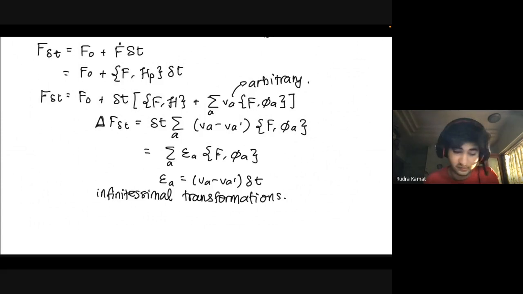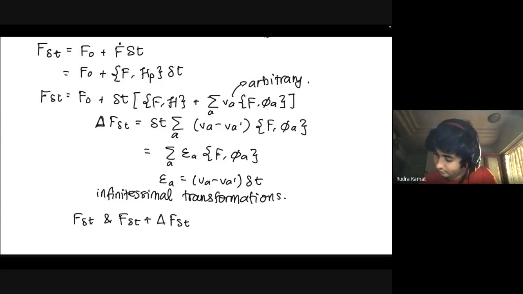But the fact is, f delta t and f delta t plus delta f delta t represent the same physical state. That's the catch.